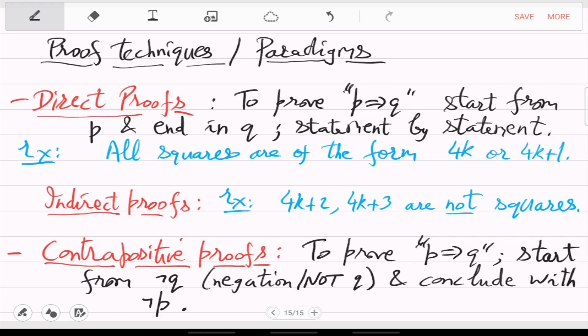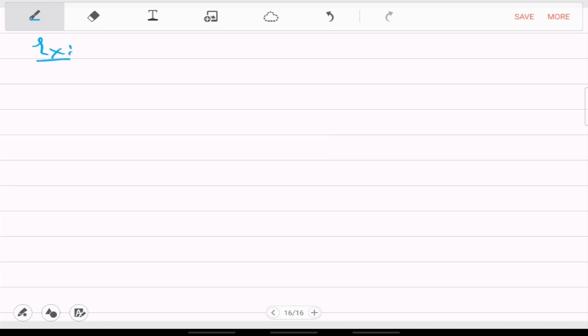Let's just do an example for this. We want to show that if n greater than 3 is prime, then n plus 1 is not a square.